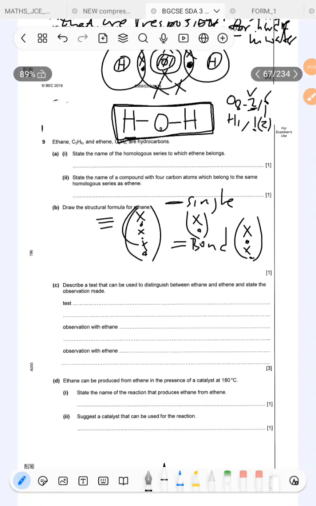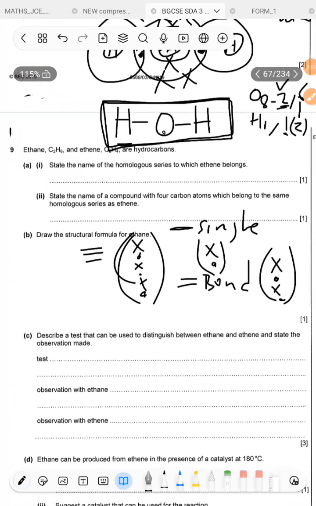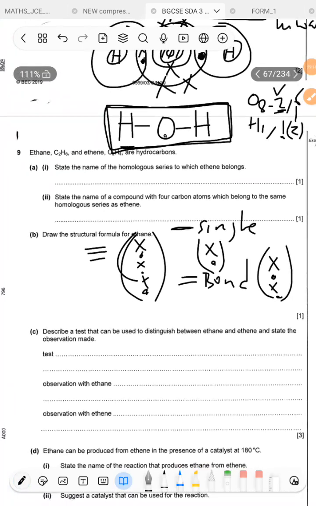Question 9 says ethane, C2H6, and ethene, C2H4, are hydrocarbons. B, A, Roman figure I, state the name of the homologous series of which ethene belongs to. So ethene, alkene.